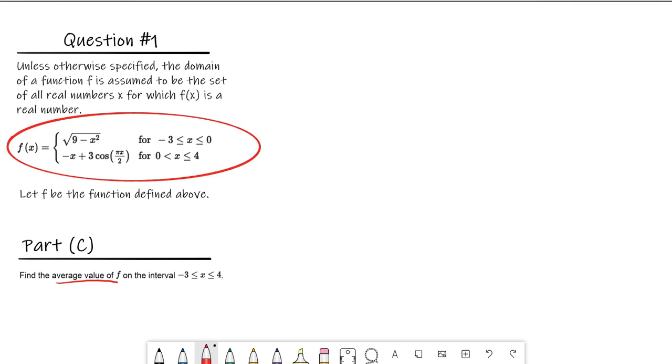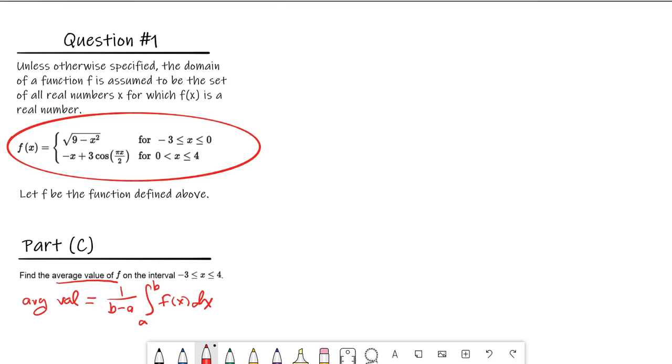So we want to recall our average value of a function, 1 over b minus a, the integral from a to b, f of x dx. So we recall our formula and we say, all right, we could substitute into this.